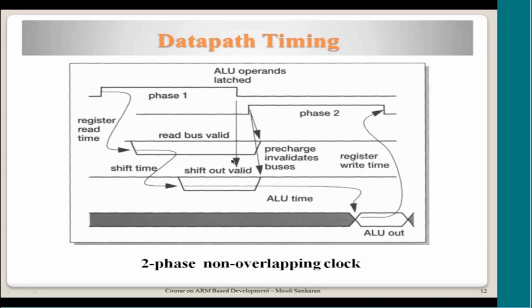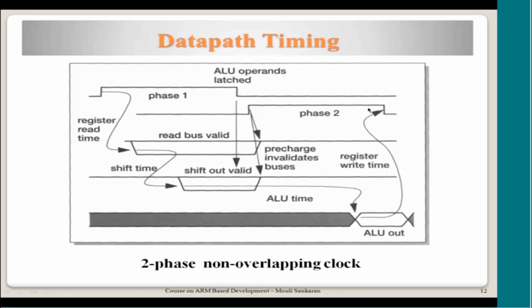So the ALU will wait for this particular time for both the operands to be latched. This actually allows time for the barrel shifter to do its job and make the result available in the same clock. Immediately after getting both the parameters, the ALU operates on it, either add, arithmetic, multiplication or subtraction, and then the result is available here.